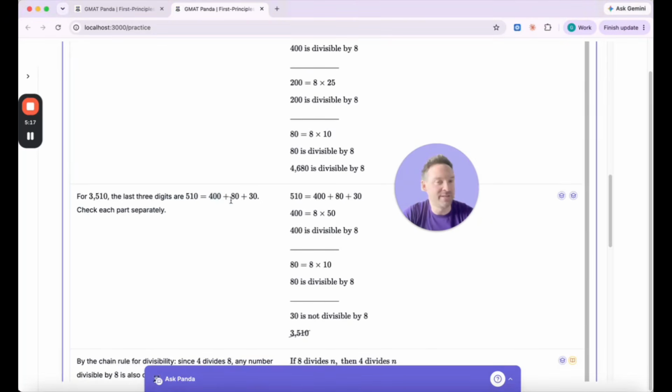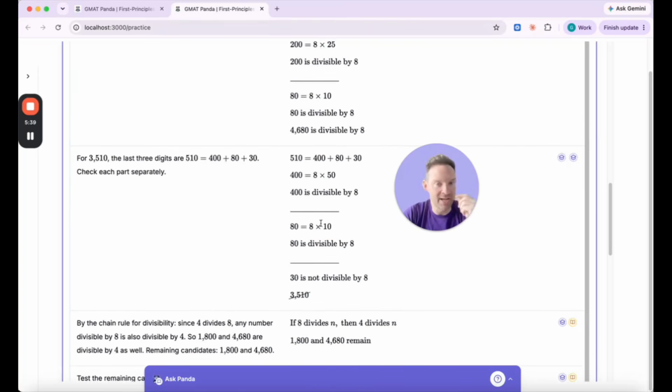So why are we splitting into these 3? Because 400 is 8 times 50, quite an easy one to do. 80 is just 8 times 10, easy one again. Is 30 divisible by 8? Well, 8 times 2 is 16, and 24, 32. No, it's not divisible by 8. And therefore we can cross this one out as well.